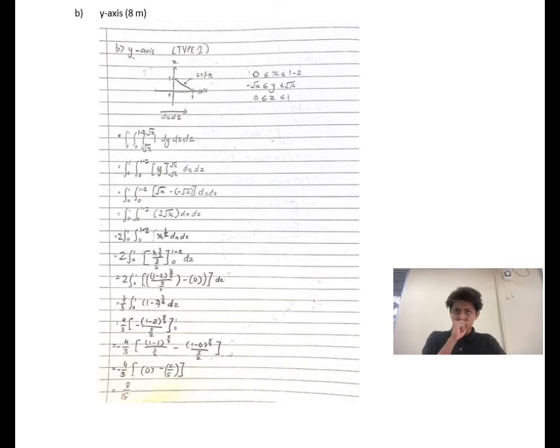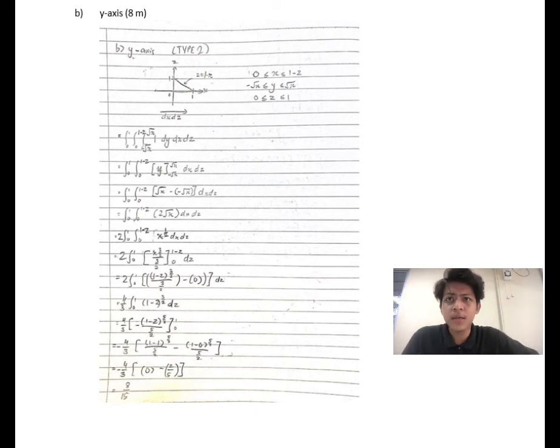Then we integrate y first. We put in the limits, which are negative square root x until square root x. After we integrate dy, we got 2 square root x dx dz. Then we put the 2 outside, because we want to simplify for the next step.